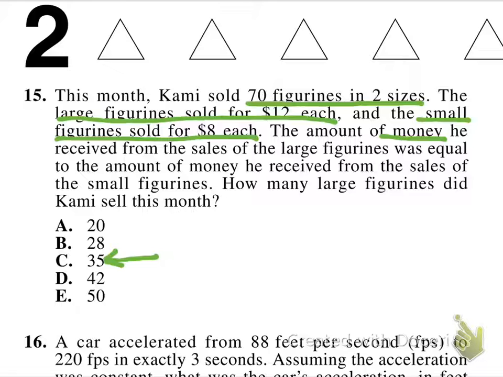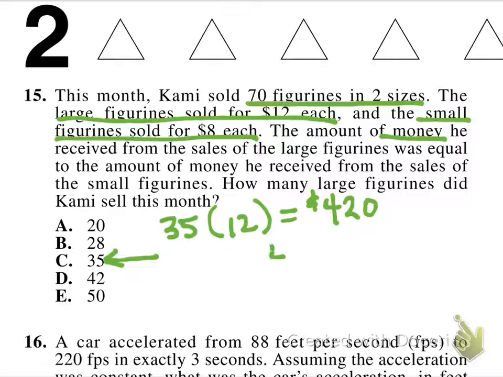If she sold 35 large figurines at $12 each, and we multiply that out, 35 times 12, you can see that we get $420 in money charged for the large figurines. So if I look at the small ones, and I have to assume that we sold $420 worth of small ones also, 420 divided by $8 a piece, that's going to mean that I sold 52.5, which is ridiculous.